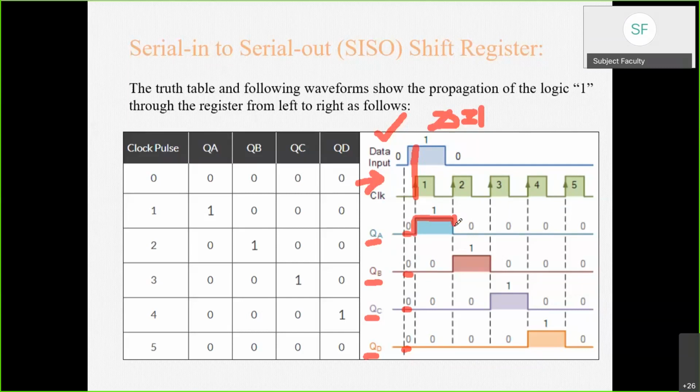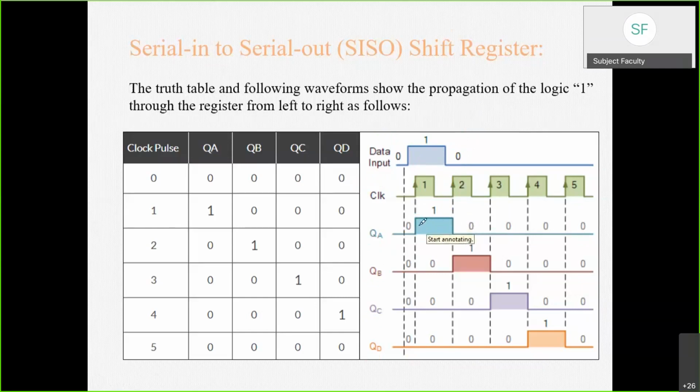After that, at this particular point, if you observe here, what is D? D is nothing but 0. So it will simply emit the data input and it will remain 0. Remember that in a counter it was in toggling mode, but here we are using a D flip-flop, not a T flip-flop.